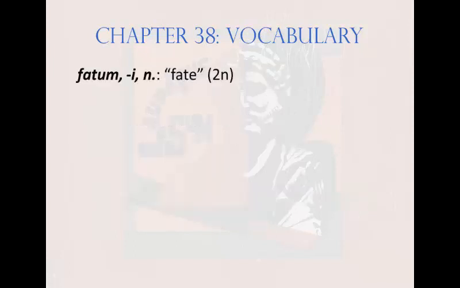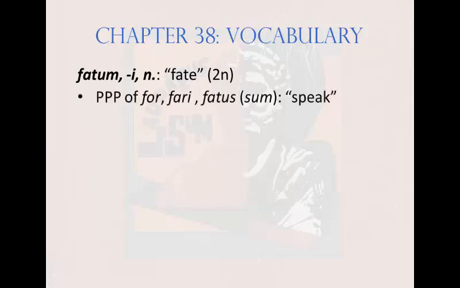The next word, fatum fati neuter, meaning fate, is a second declension noun. It's actually the perfect passive participle of a deponent verb we haven't studied, but probably should have, seeing as it's very widely used in Latin, for fari, fatus sum, meaning speak. You've seen the base fa in fama, meaning rumor, and fateor, meaning confess.